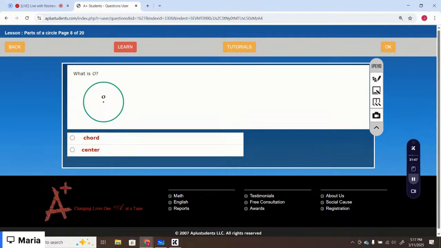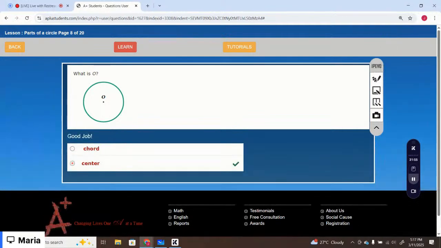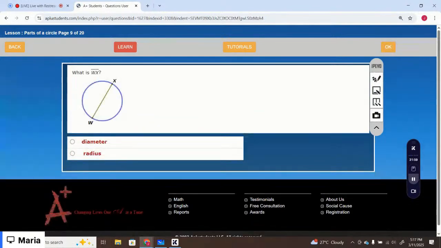The correct option is center. What is WX?